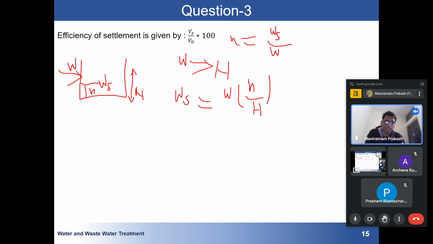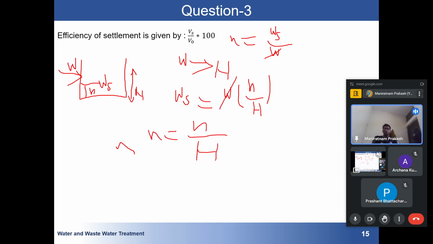If everything had settled, it would have occupied H, but only some amount has settled, so it has occupied a small h, and that small weight can be expressed in terms of this. So I will put this value here. The W and this W will get cancelled out, and your efficiency will be equal to small h divided by capital H.